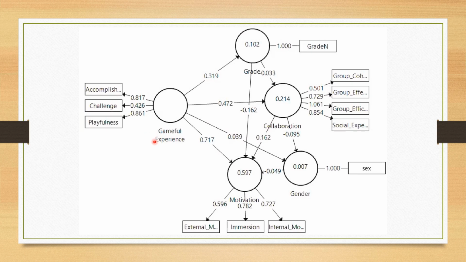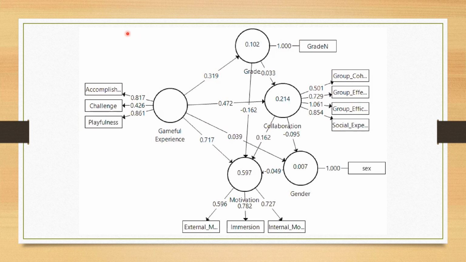So in that table that we were looking at before, we know that accomplishment was a subcomponent of gameful experience. So these boxes are telling us what the data source essentially is. So all of the different subcomponents, also whatever the student's sex was and their grade, are all going into these big circles. So that's kind of the out to in.